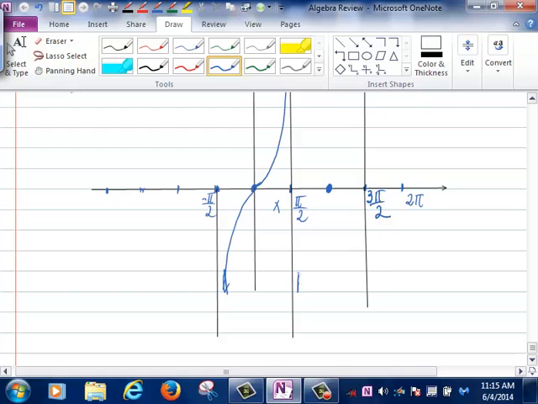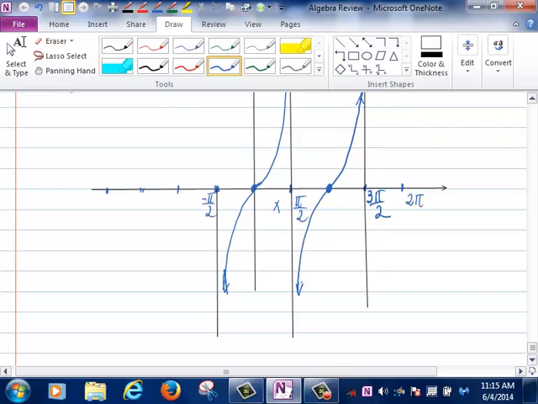You are going to go like this, and then you're going to go like this. Am I making sense? The same thing happens between pi over 2 and 3 pi over 2. Everybody is okay? Making sense? And again, what's happening beyond that, and so on.